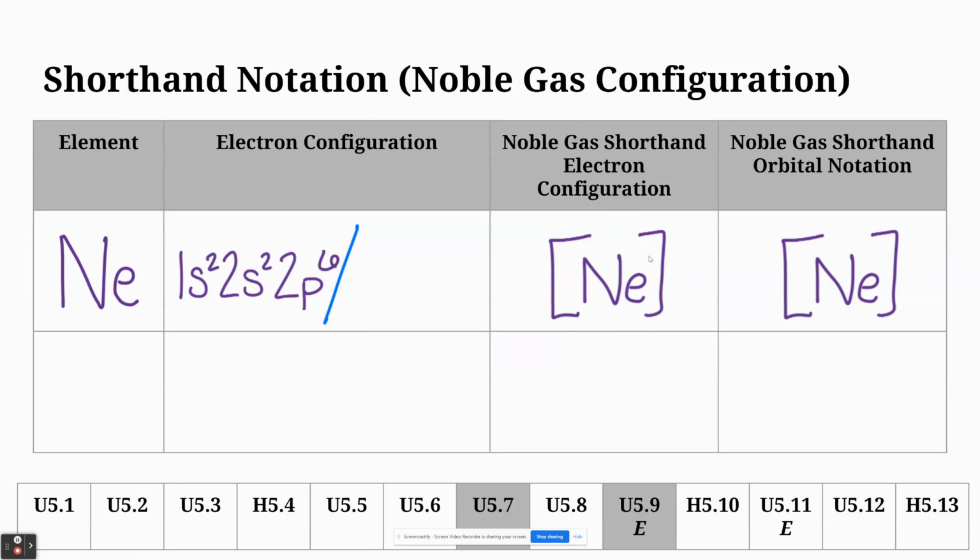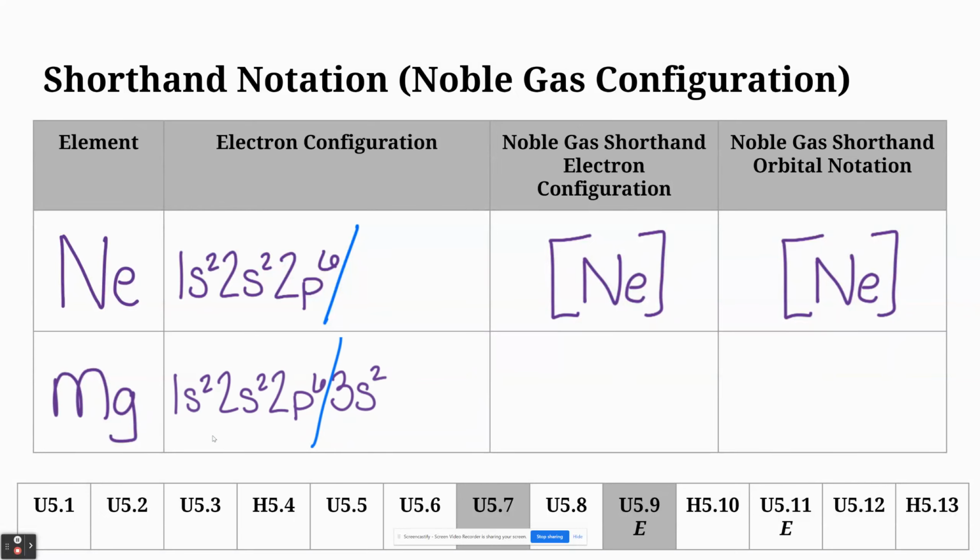This helps us when we do things on subsequent rows. So for example, let's say I have magnesium. Magnesium's electron configuration is 1s2, 2s2, 2p6, 3s2. So again, I'll stop at the last full p orbital here, so 2p6.